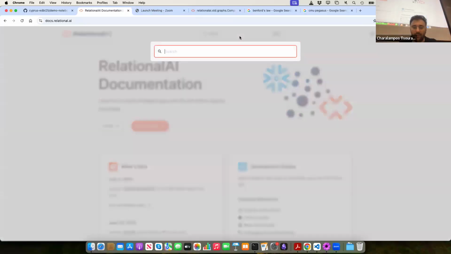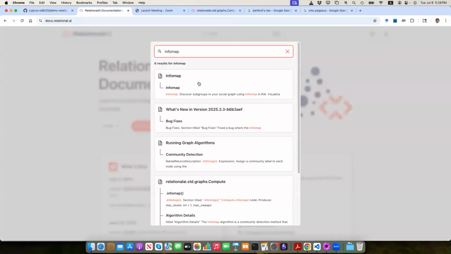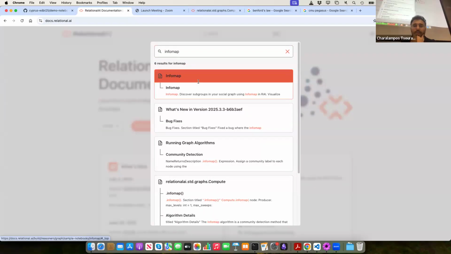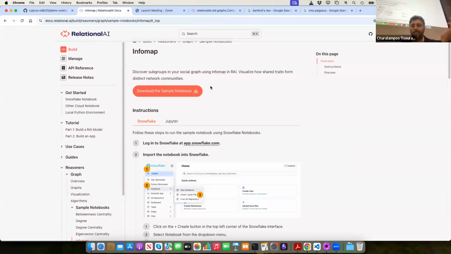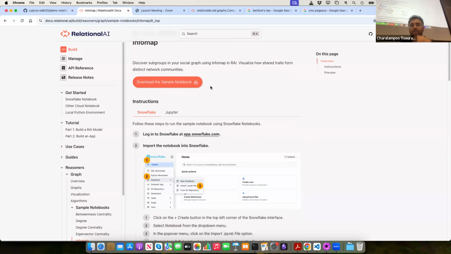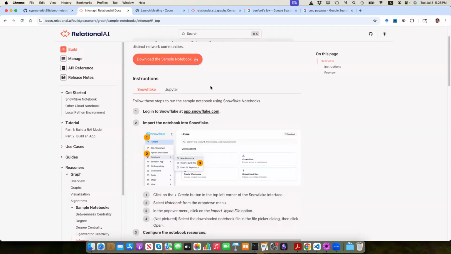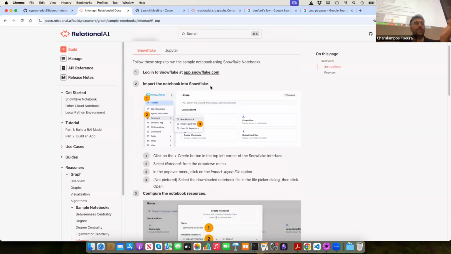So what I want to show you basically, let's see InfoMap. Okay, so in general, graph database companies and general knowledge graph companies, they offer standard community detection algorithms. They're very widely used, and actually we record the usage by customers.